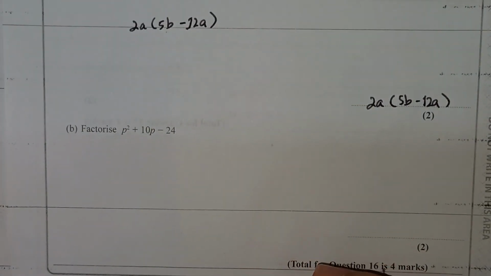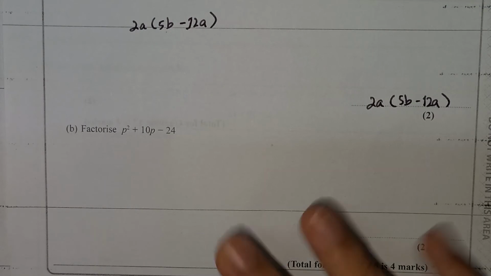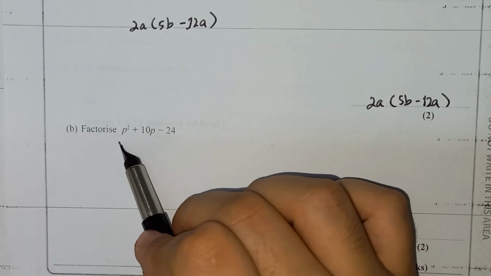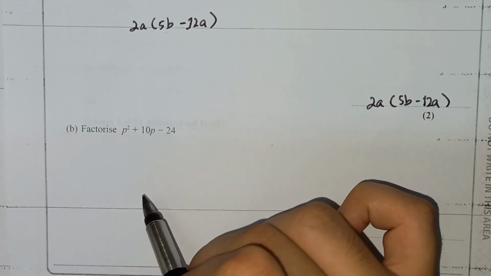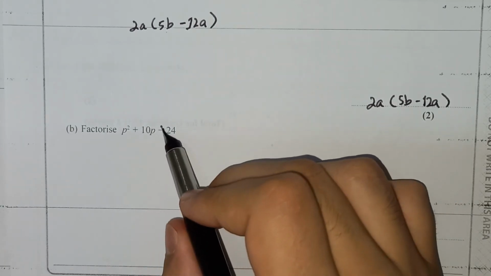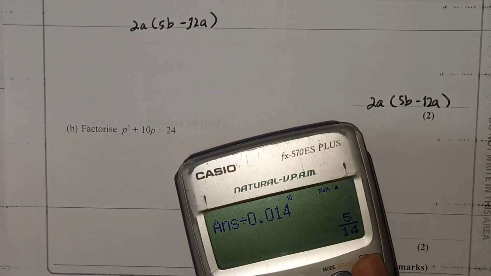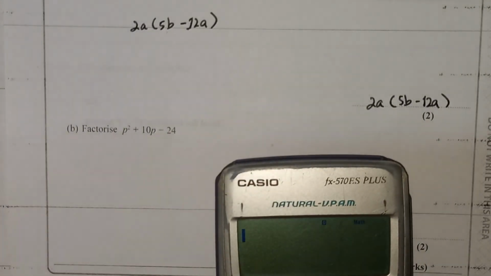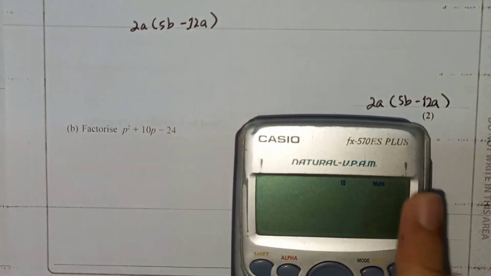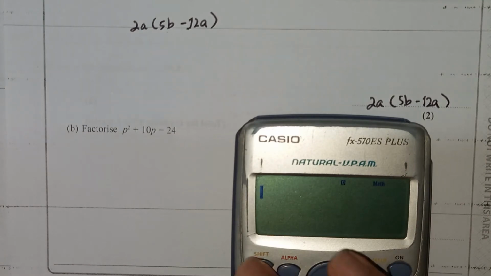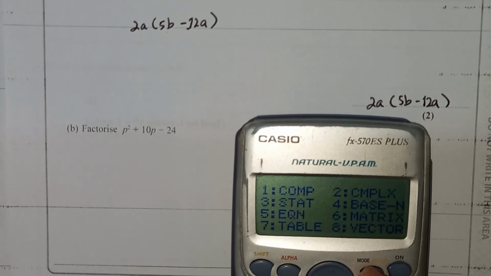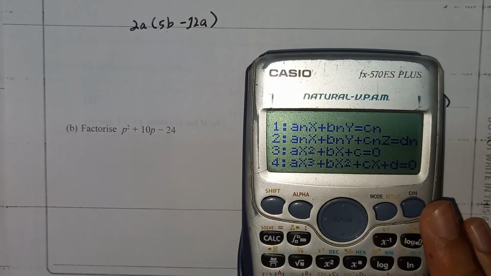Factorize p square plus 10p minus 24. Now we can do some midterm breaking because we have one unknown variable and we have the structure of a quadratic, but we can see there's a minus sign over here, so to be more precise and correct, you will simply use your calculator. Using your calculator, go to mode setup, click 5, and you will see these equation options.